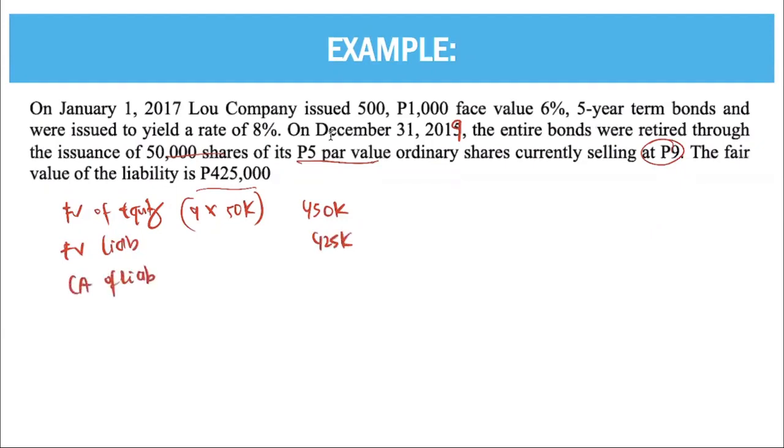So let's get the carrying amount of the liability as of 12/31/19. I'll just amortize this one. 2017, 2018, and 2019.